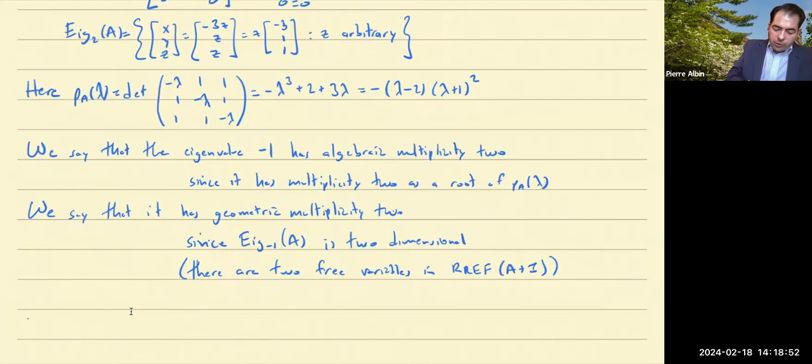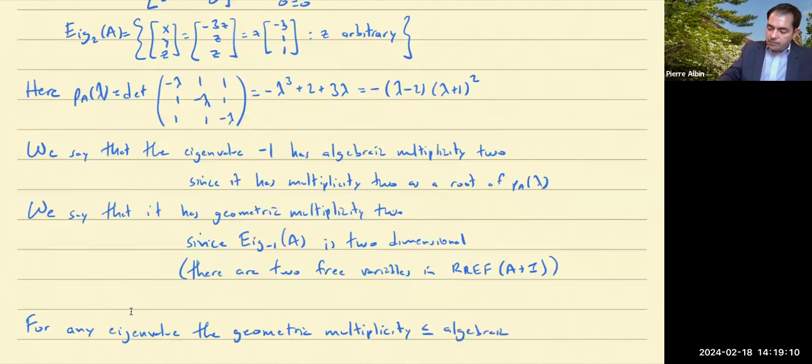Okay, so for any eigenvalue, the geometric multiplicity is less than or equal to the algebraic multiplicity.